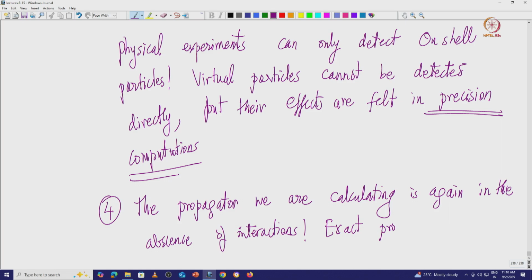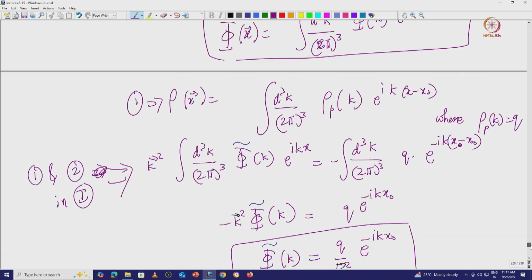But you can calculate perturbative corrections to the propagator, like what I have shown earlier.